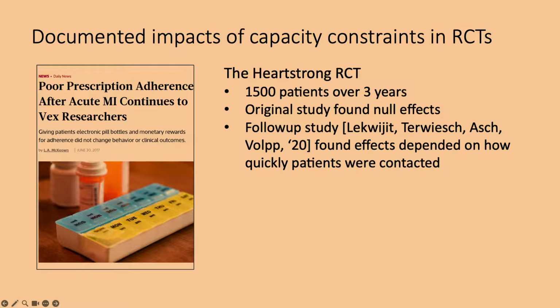These electronic pill bottles would record if the patients actually opened their medication, and if not, someone on the platform would reach out to them. They also implemented a bunch of other interventions, lottery systems, and they also reached out to their partners as well. Overall, I think it's a very impressive study, and people expected this to really work.